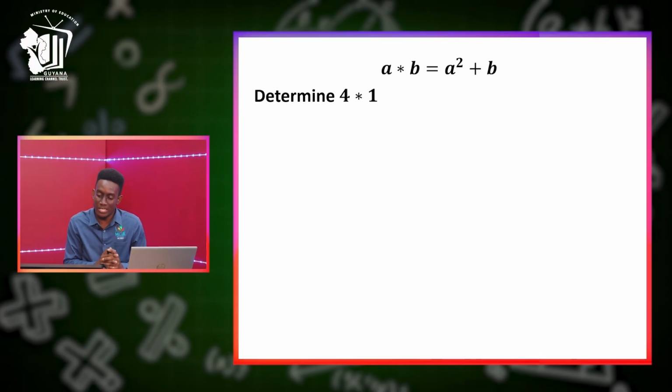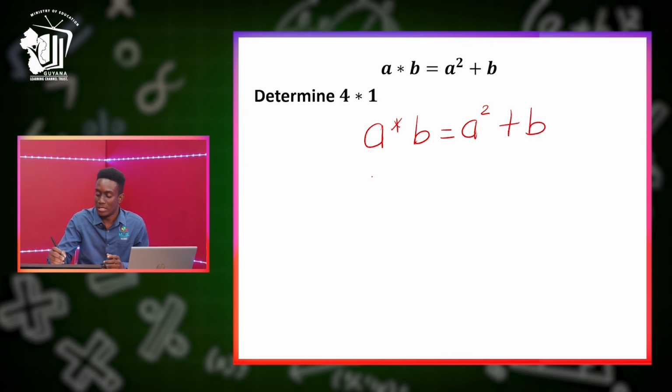So let's say we have A asterisk B is equal to A squared plus B. And they want us to determine 4 asterisk 1. So let me write back A asterisk B is equal to A squared plus B. And they want us to determine 4 asterisk 1. So in this case, we see A is equal to 4, and we see B is equal to 1.